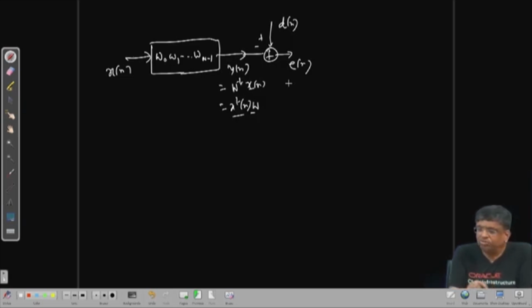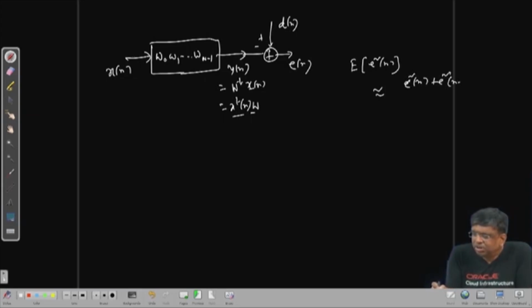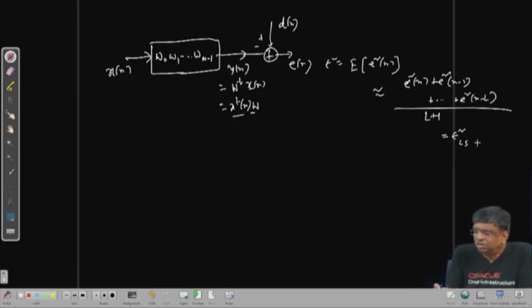So, for the same weight, we take a good sample estimate, that is e square n, e square n minus 1, and so on, maybe e square n minus L, divided by how many samples? L plus 1. If L is large, this function I can call epsilon square LS, least squares. This and epsilon square will be very close to each other.